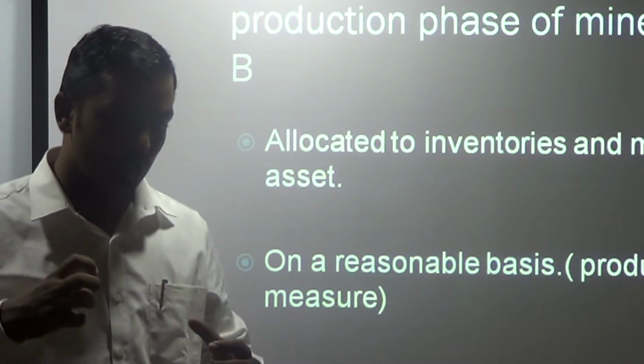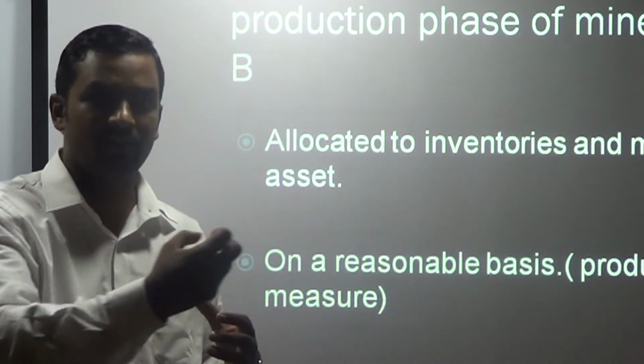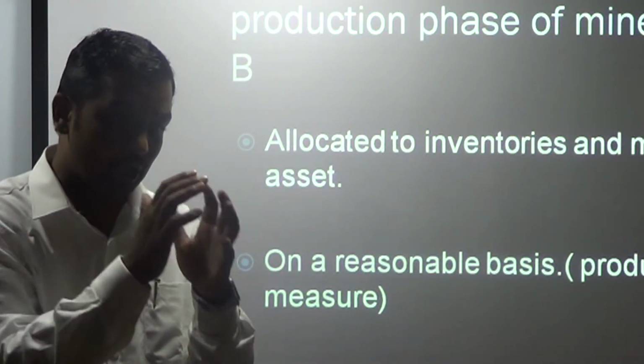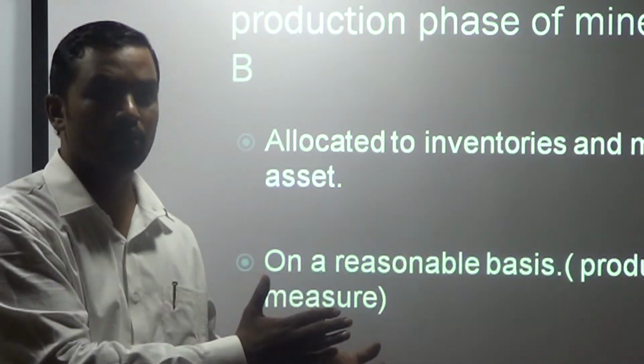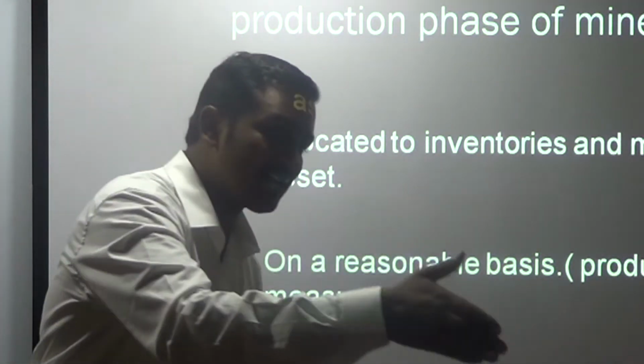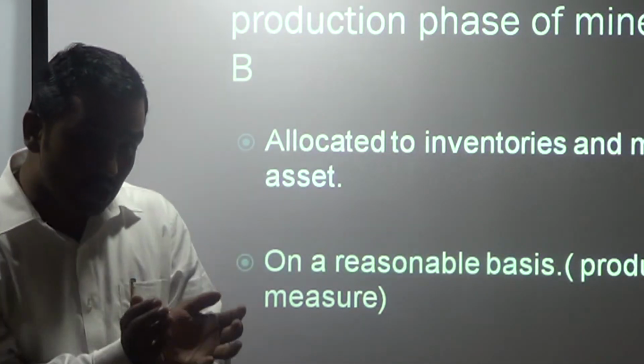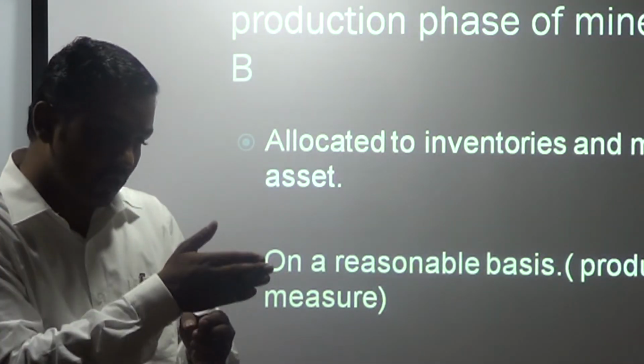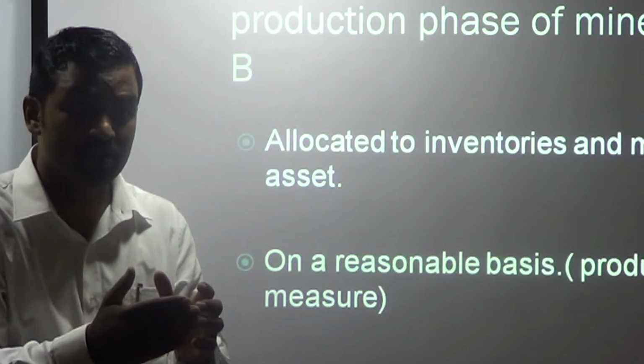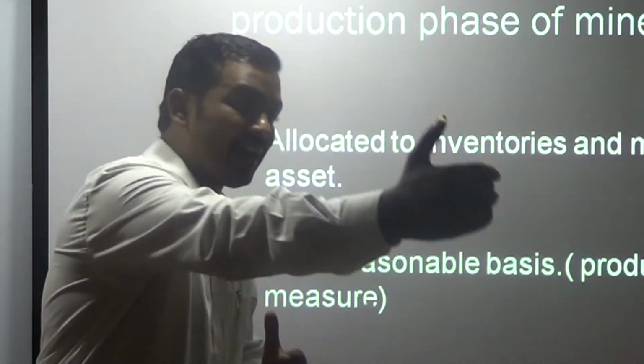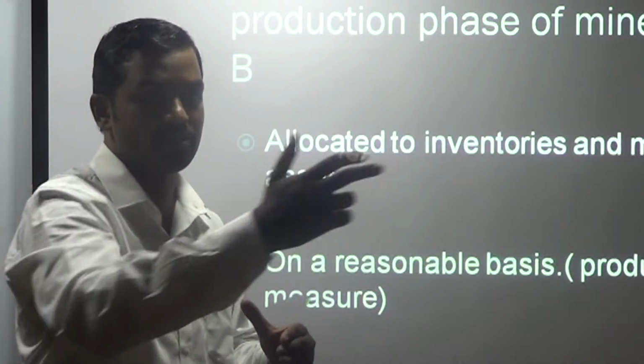I'll again repeat, during production phase you are incurring stripping activity, you are incurring stripping cost. The output is two things: one, you are getting some coal; second, you are getting improved access to new deposits of coal. So this cost has to be shared between what is the cost incurred to extract coal and what is the cost incurred to get improved access or to get access to new deposits of coal.